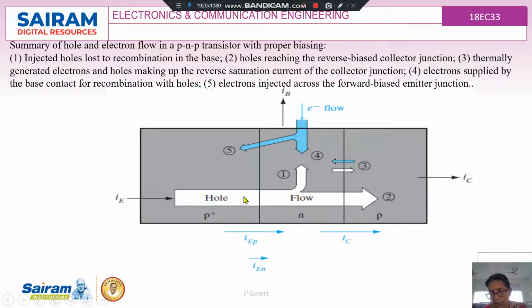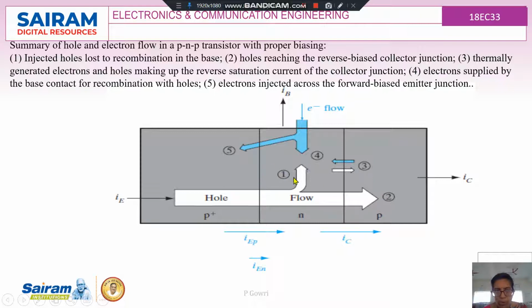Here we have seen that the holes present in the emitter region move to the base region by the diffusion process, and those holes will again move to the collector region due to the drift process. We should also know that not all the holes coming here will enter the collector region. There is a possibility of recombination.